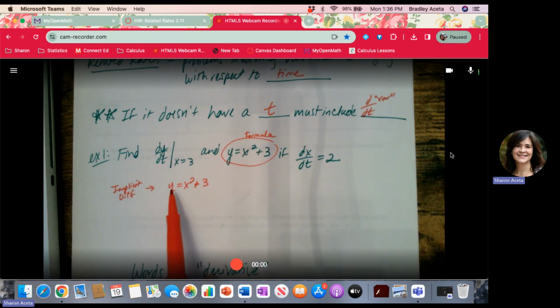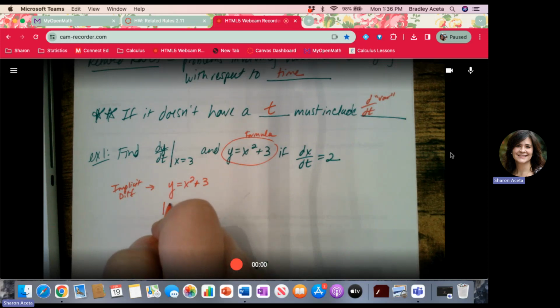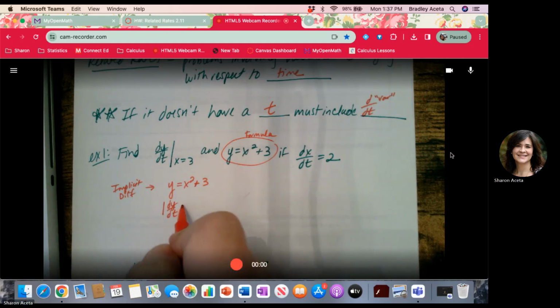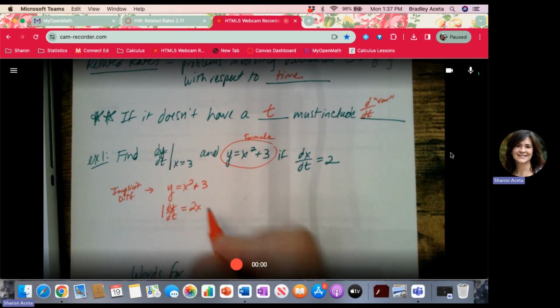For example, if I were to take the derivative of y, it would just be 1. But since I took a derivative of y, I would write 1 dy/dt. Honestly, you don't need that 1 there, but I'm just showing you that's the derivative. For x squared, you would take the derivative just like you normally would, 2x. But because it was not a t, you're going to attach whatever the variable is, dx/dt.